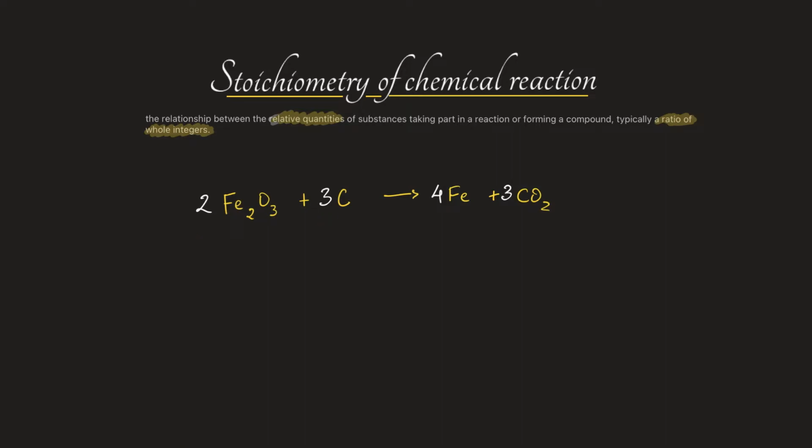All of these whole numbers are relative to each other, and that is a whole lot important. Without knowing these ratios, it is impossible to figure out if the reaction you're doing is proceeding the way you want it to. And this has a great deal of importance when it comes to industrial applications.